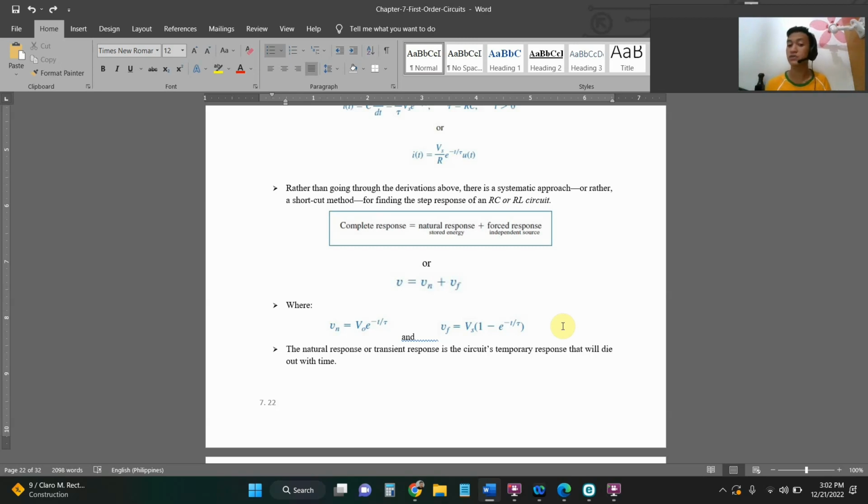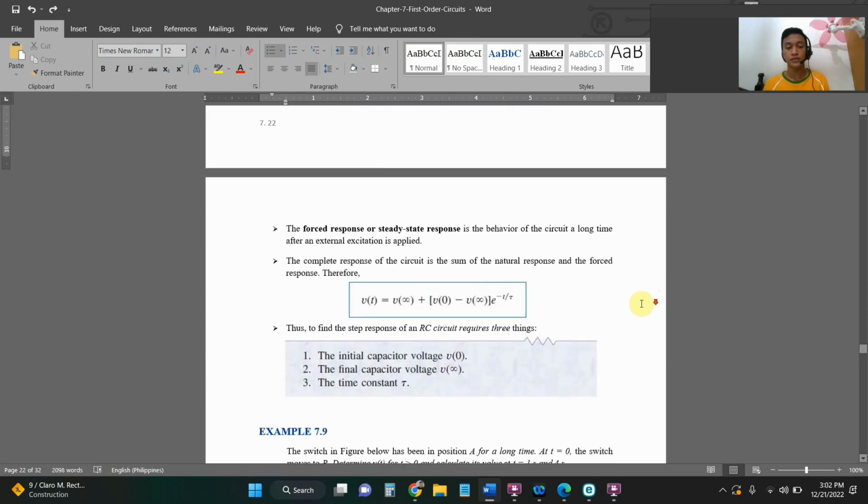The natural response, or what we call the transient response, is the circuit's temporary response that will die out with time. The forced response, or the steady state response, is the behavior of the circuit a long time after an external excitation is applied.